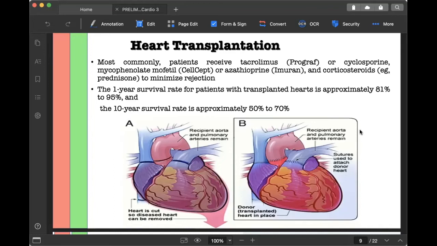The 1-year survival rate for patients with transplanted hearts is approximately 81% to 95%, and the 10-year survival rate is approximately 50% to 70%.